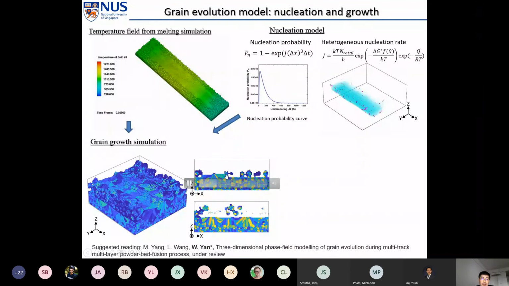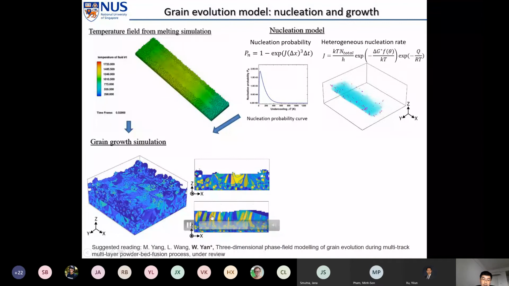Here the cross section may be even clearer. You can see the first track, second track, and third track. You can see the columnar grain and the remelting of the previous track. Then the second layer will be rotated by 90 degrees. This is the scan direction, and this is the columnar grain.